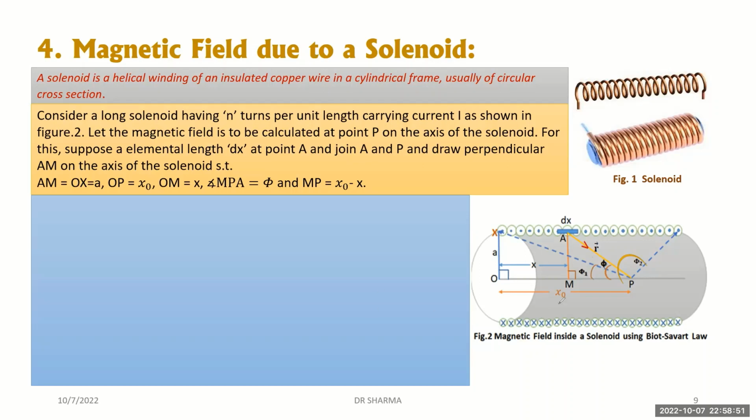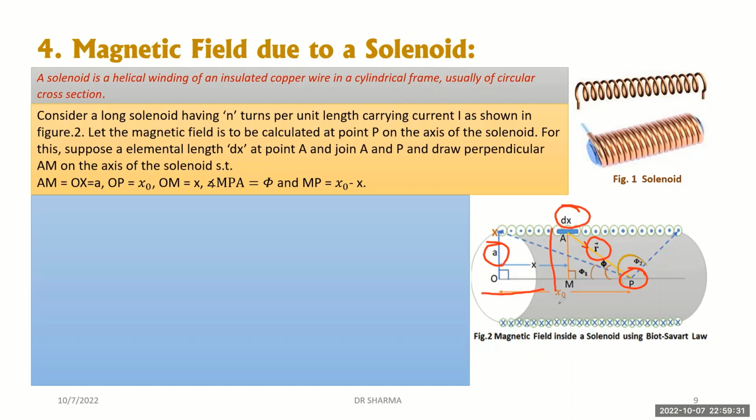Let the field point P lie on the axis of the solenoid. To use Biot-Savart law, we need to consider an elemental length. Suppose elemental length dx at point A. Then join A and P such that AP is equal to R. Remember, AP is equal to R, and AM is equal to OX, which is equal to the radius of the solenoid.